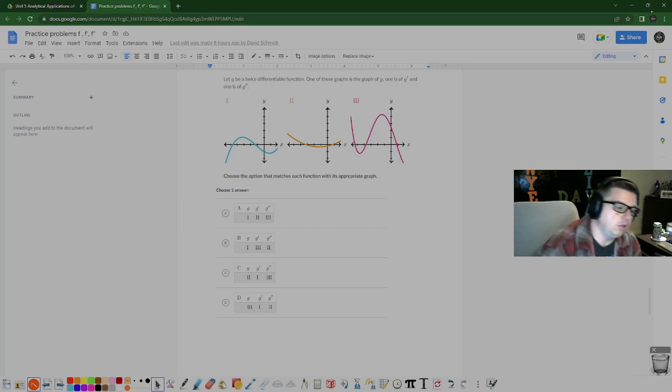So when I look at these, what I think about first is let's look at increasing, decreasing, increasing. So it's increasing till we get to -3. Ooh, this one is increasing till we get to -3.